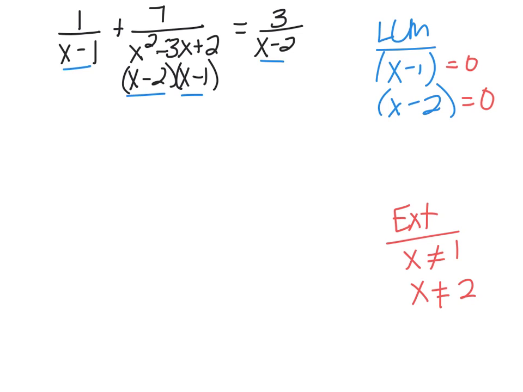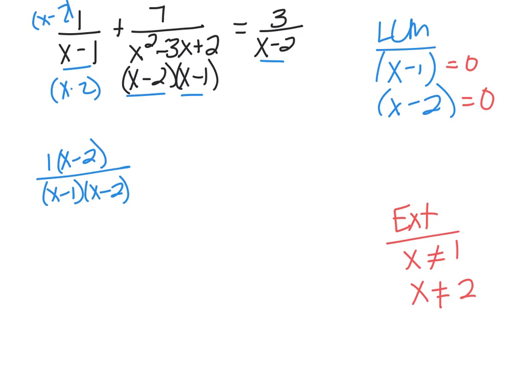Okay, this first term. If I have an x minus 1, I'm missing an x minus 2 top and bottom. So when I do that, I have 1 times x minus 2 over x minus 1, x minus 2. Plus, the next one I'm missing nothing, so I'm going to leave it as x minus 2 and x minus 1. Equals, if I have an x minus 2, I'm missing an x minus 1 top and bottom.